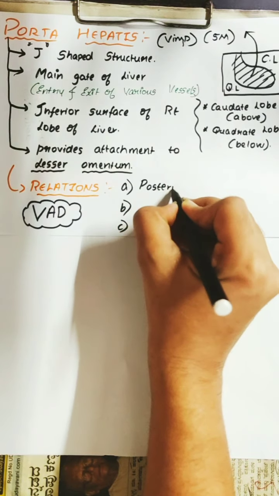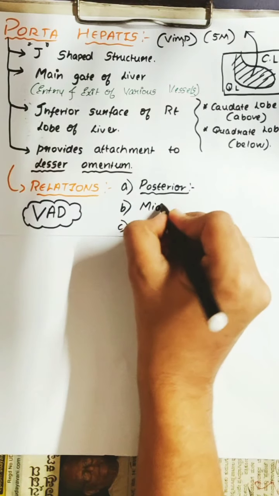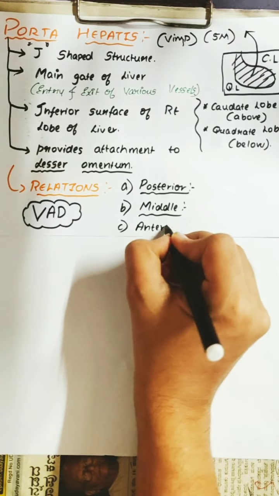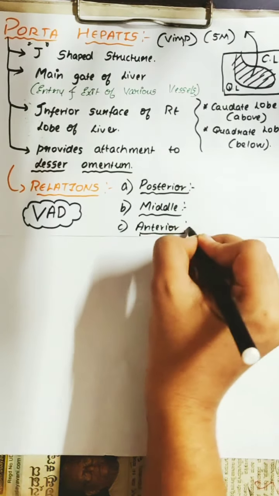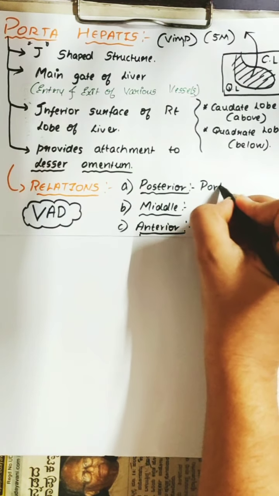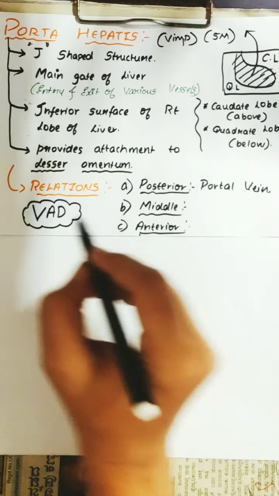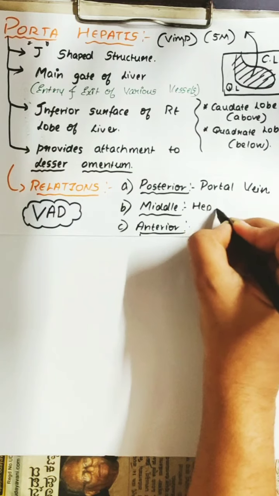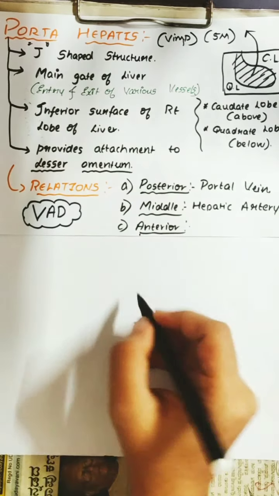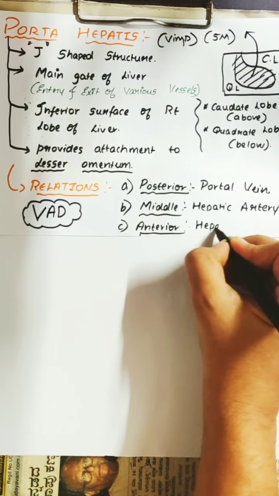Posteriorly, middle, and finally anterior. So as I said, vein, artery, duct. Vein is the portal vein of the liver. A stands for hepatic artery, and anteriorly D is a duct, the hepatic duct.